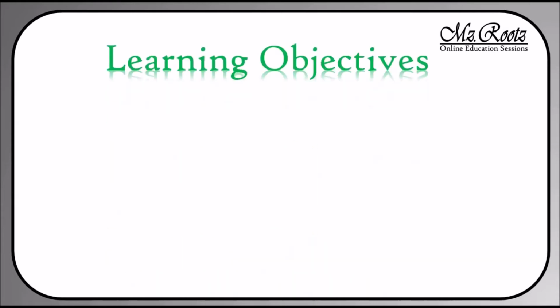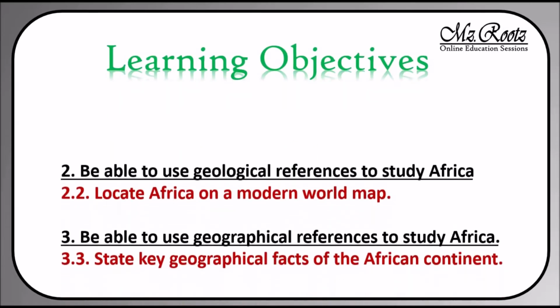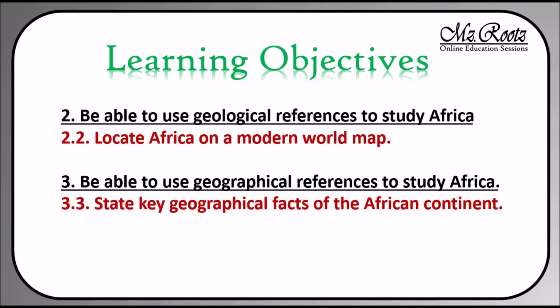In this session, you will be completing Module 2 and making progress through Module 3. The session's learning objectives include the ability for you to use geographical references to study Africa.